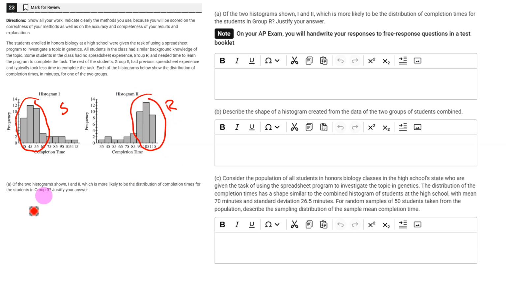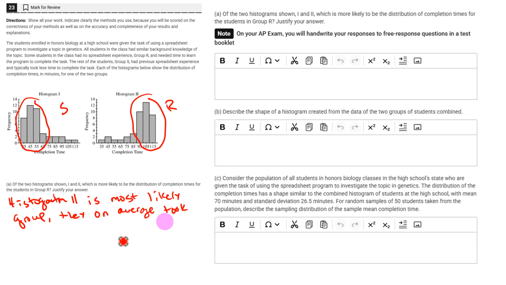This is group R. So histogram 2 is most likely group R. They, on average, took more time to complete the task. Simple as that.